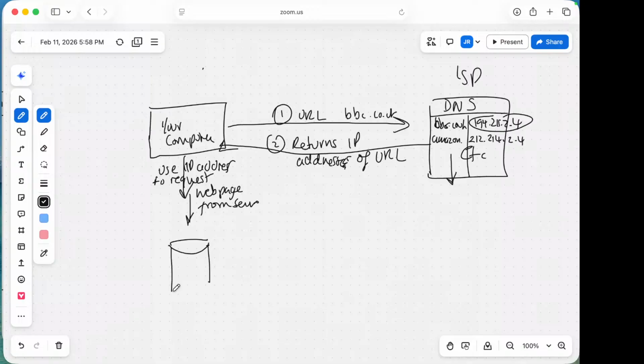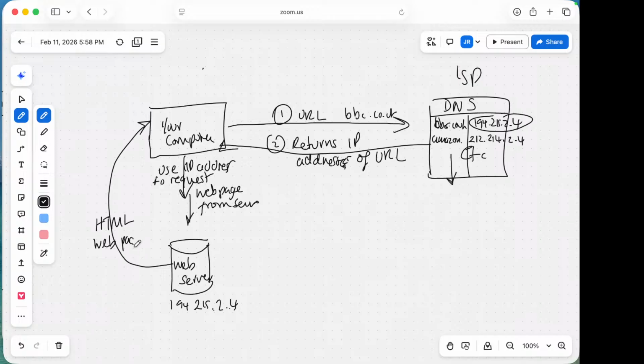So there's the web server, which is at 194.215.2.4. And then the web server says, okay, here's my web page. Here's my HTML web page or web pages. And then the last thing, so that's 1, 2, 3, 4. And then the last thing is your browser displays the HTML.